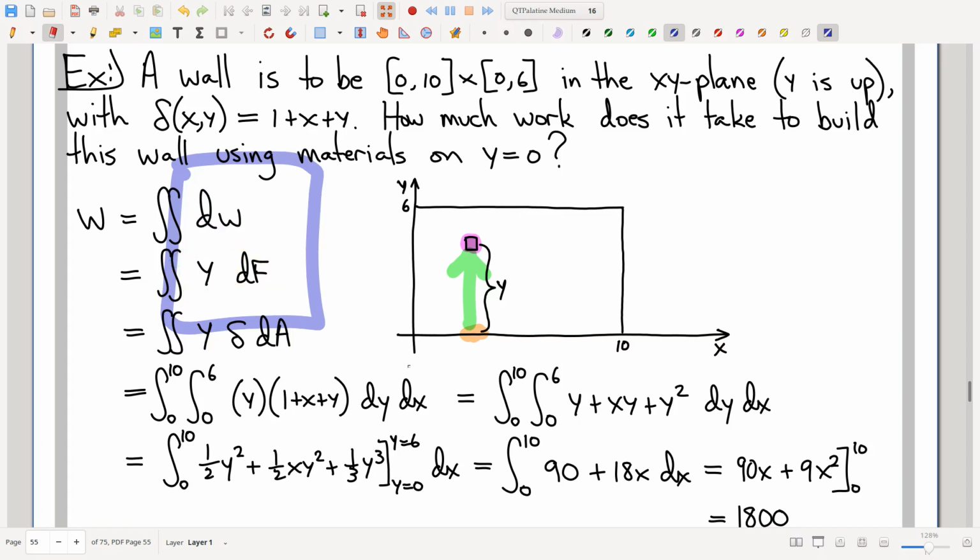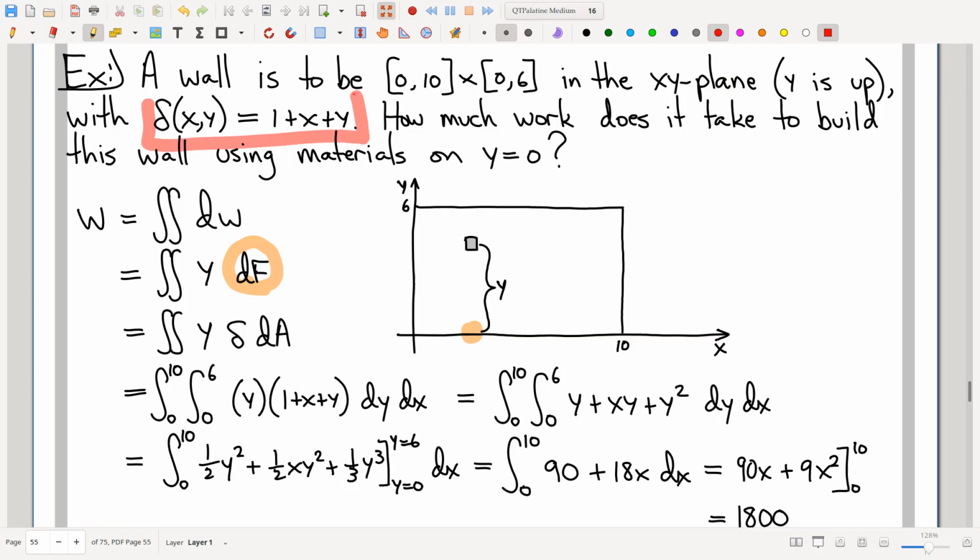All right. Next, this brick that's sitting here at ground level, how much does that brick weigh? Well, we have this density given to us. It says here density is this function. What I didn't write down, but is suggested by context, is that because the weight is distributed over an area, this is force per unit area.